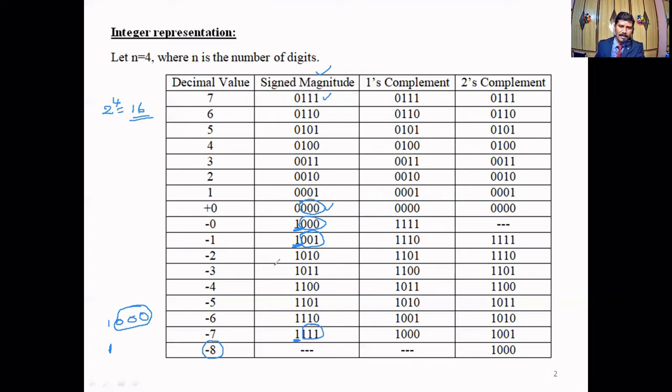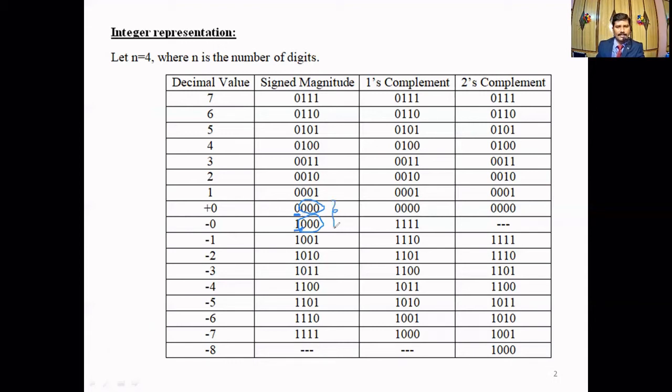Here, if you consider these two, this is actually 0, but because of sign magnitude, 0 means 0 0 0 in the magnitude, and this is also 0 0 0. But here the MSB 0 means plus, and 1 indicates minus 0.